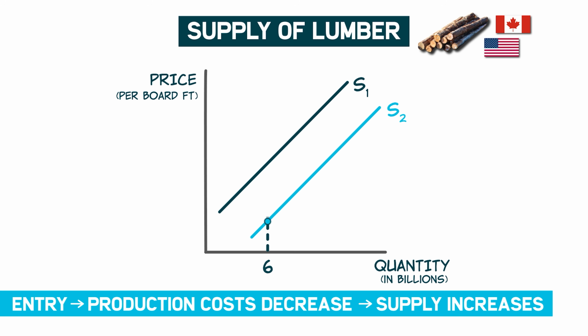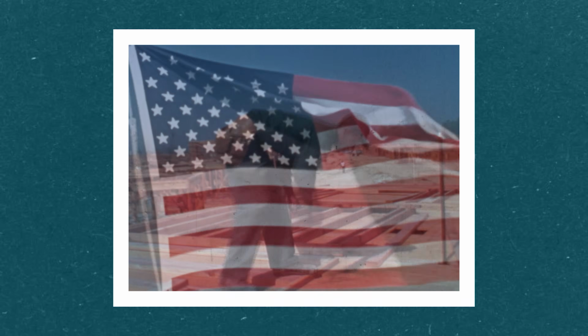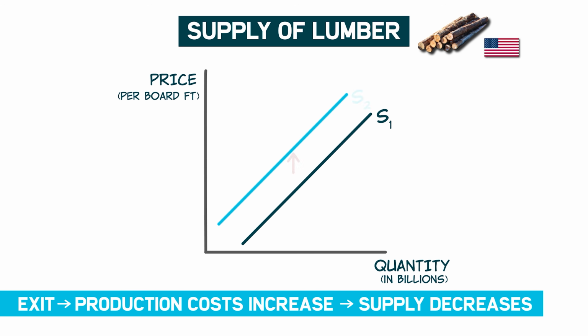That means at any quantity, the supply curve shifts down. So opening the lumber market to trade will increase supply, meaning that the supply curve shifts down and to the right. And of course, if instead of opening the lumber market to trade, we close the market with tariffs or quotas or laws that say American homes must be built with American lumber, well, that will decrease supply.